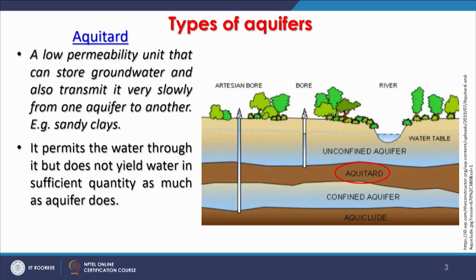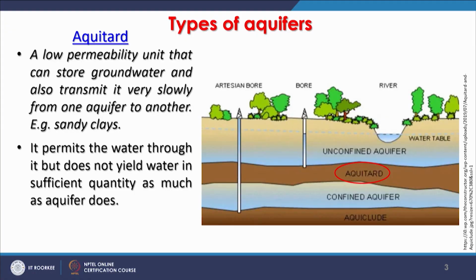Though it permits water through, it does not yield water in sufficient quantity as an aquifer does, and that is why in many conditions where no typical aquifer, confined or even unconfined, is available and only Aquitards are available, water can still be withdrawn, but not in large quantity. So, it cannot be used for irrigation or industrial purposes, but in some cases it can be used very judiciously for drinking water purposes.